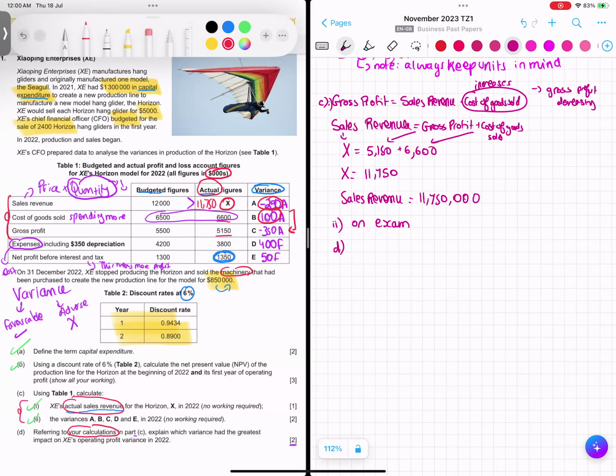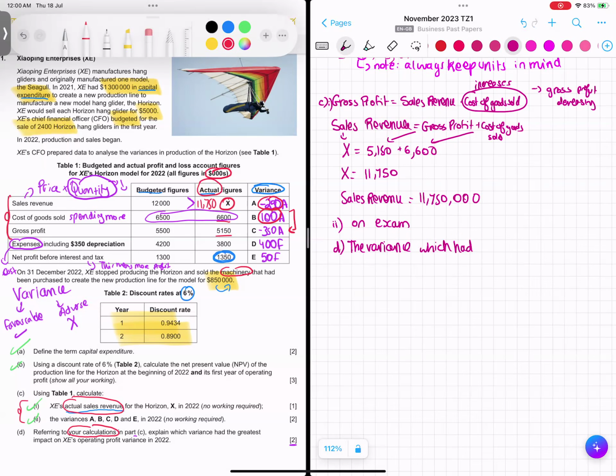And we have to explain which variance had the greatest impact on XE's operating profit variance. So in my opinion, what we should do is split the favorable and the adverse, right?